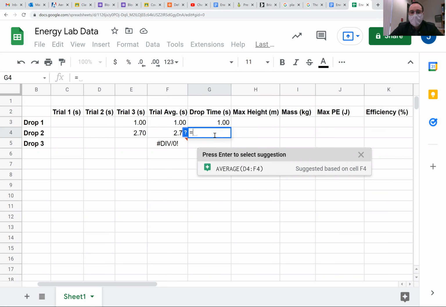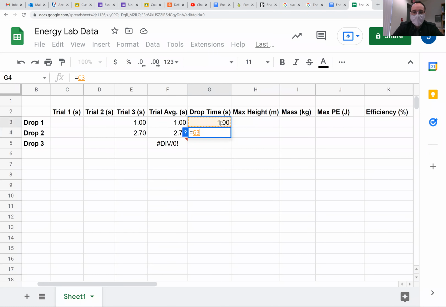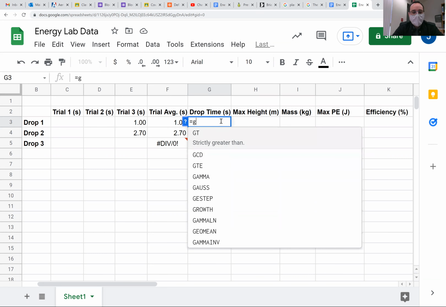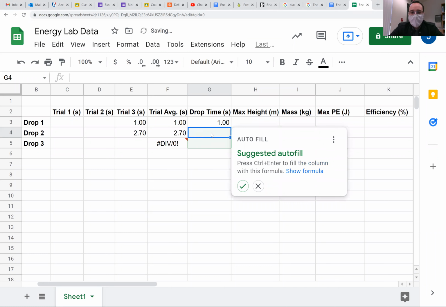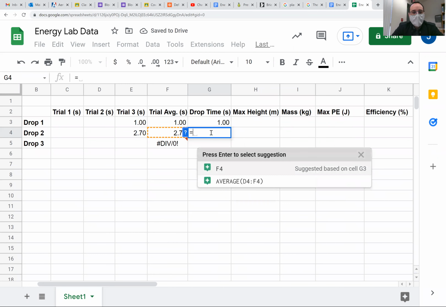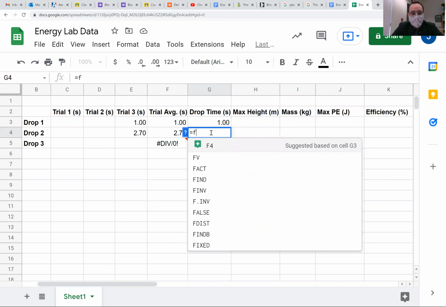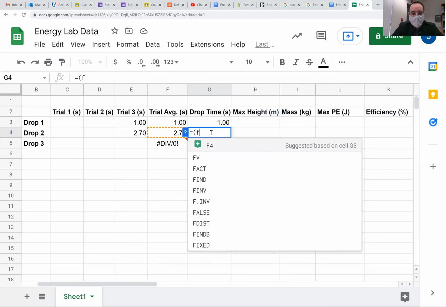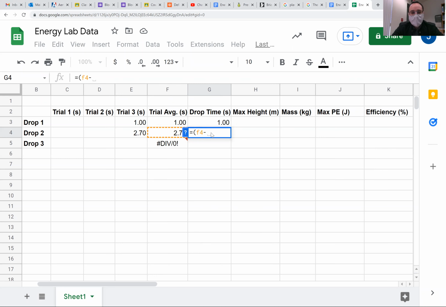So this one just equals F3, that's easy, F3, okay? This one equals F4, and I'll use parentheses, F4 minus F3, all divided by 2, okay? That's what that's equal to.